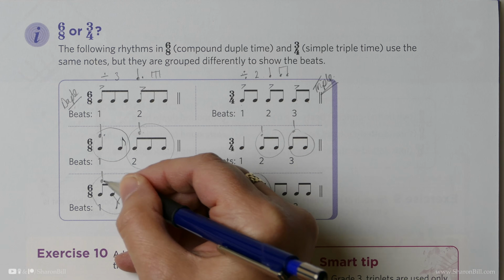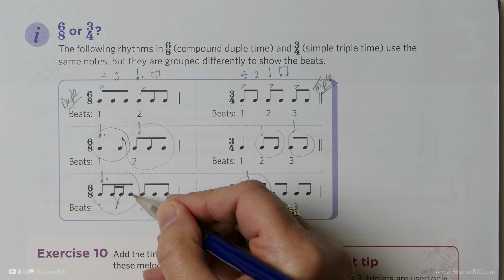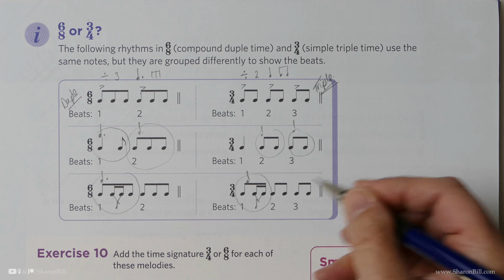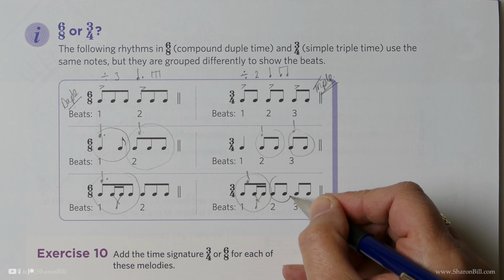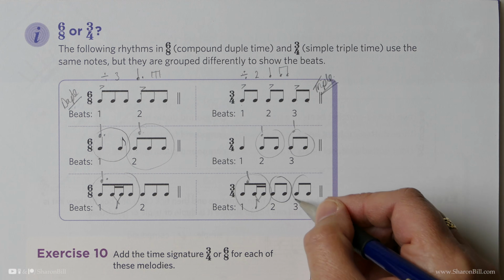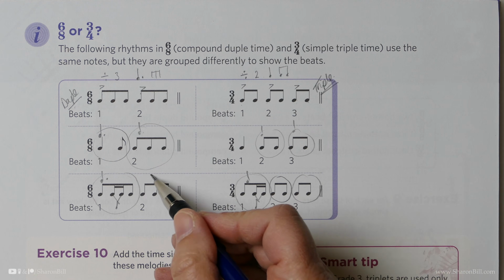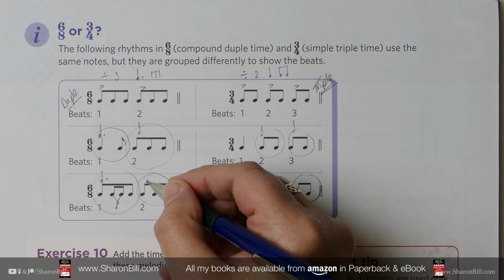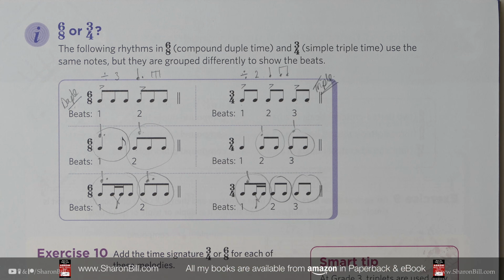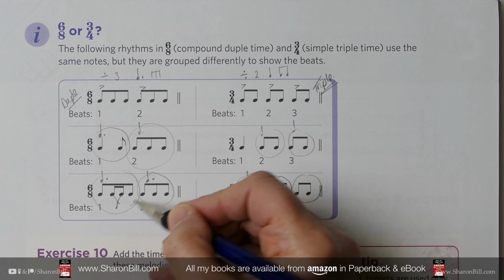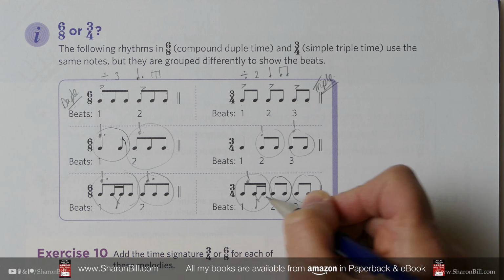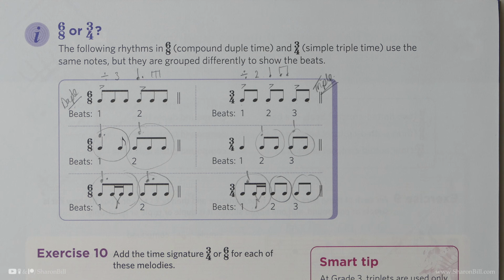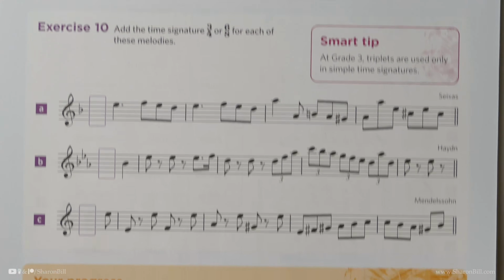Unlike our dotted crotchet beat, we need to include this extra quaver, whereas here that belongs to beat 2 and then beat 3, whereas beat 2 here is 3 quaver beats showing the second dotted crotchet beat. So you've always got to think about tidying up where each new beat starts. And so we need to be careful.